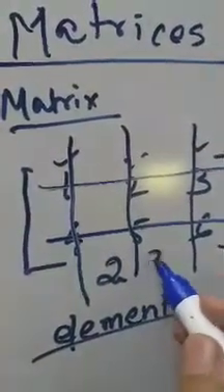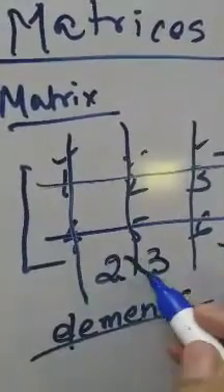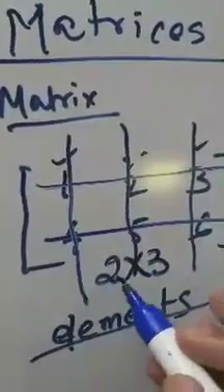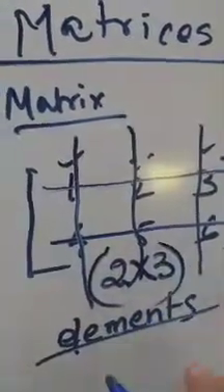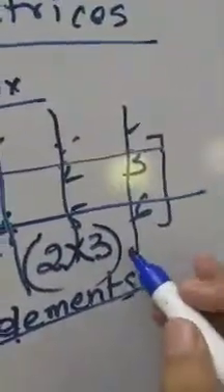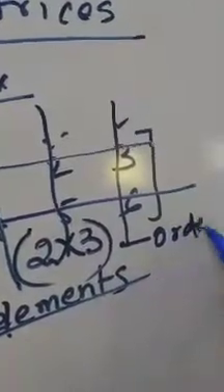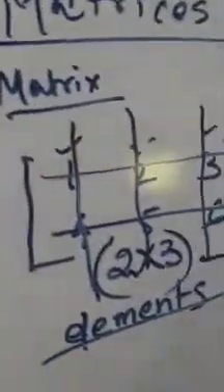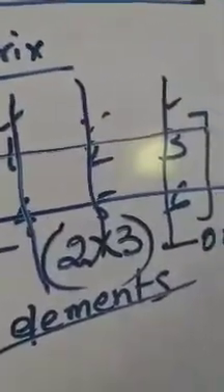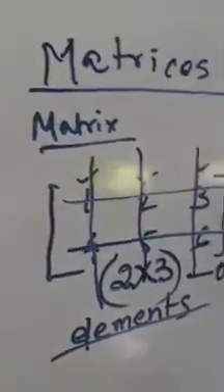Now I will put a multiplication sign, which I call by, so it is called a 2 by 3 matrix. So this is called the order of the matrix. When you write the order of the matrix, it gives the recognition of the matrix.